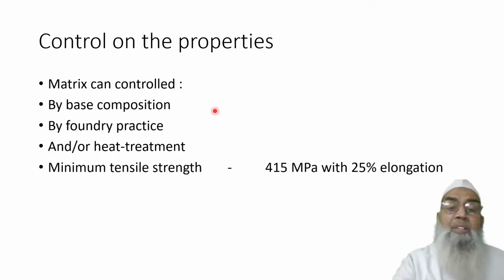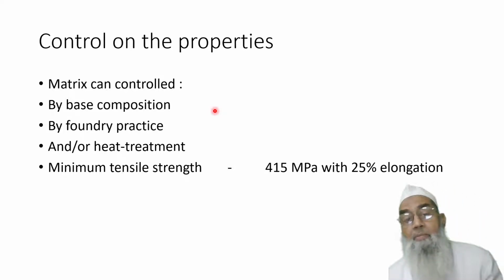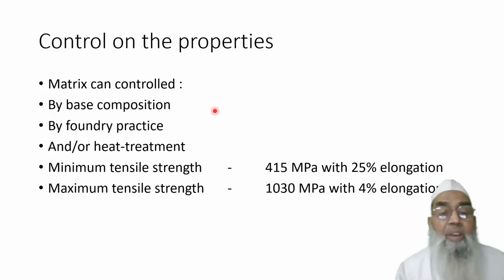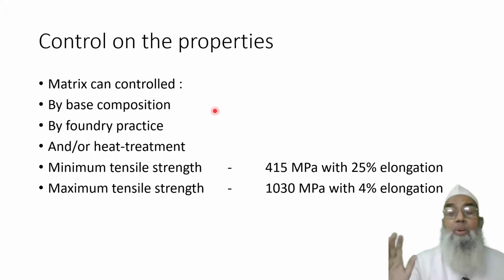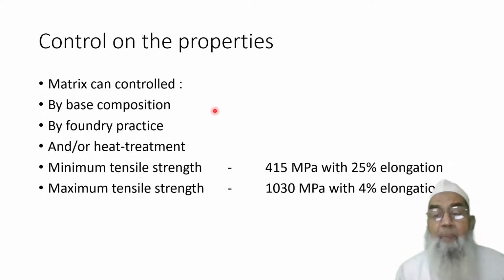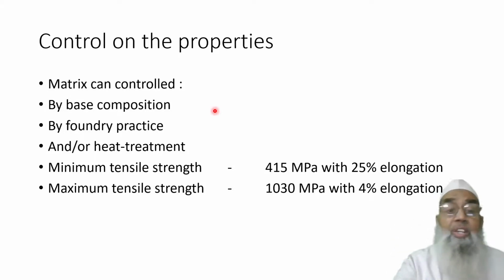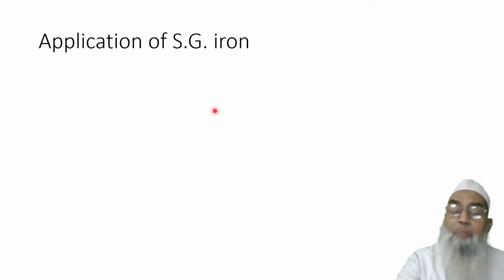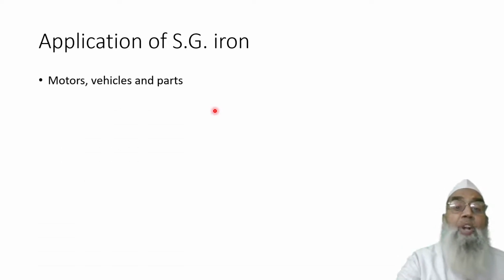The maximum tensile strength can be up to 415 megapascal with 25% elongation, which shows the ductility, and the maximum tensile strength can be up to 1030 megapascal with 4% elongation. Due to those properties, the applications have been enhanced.